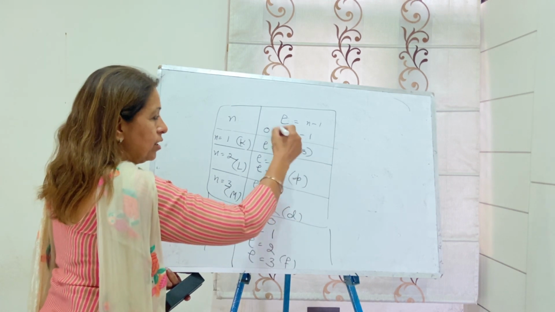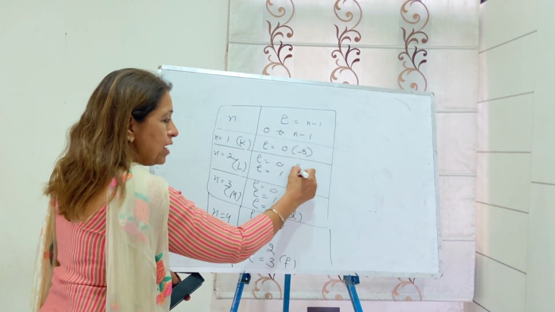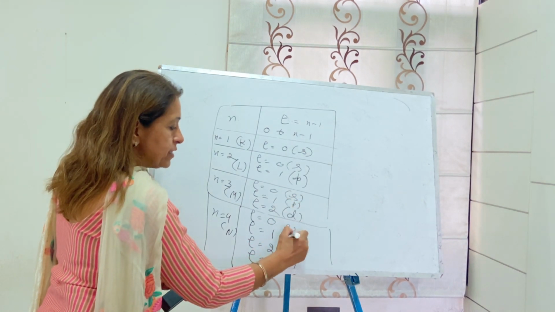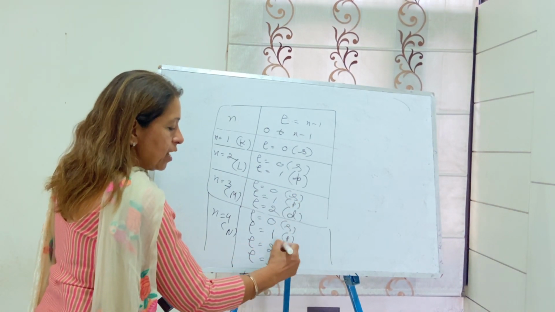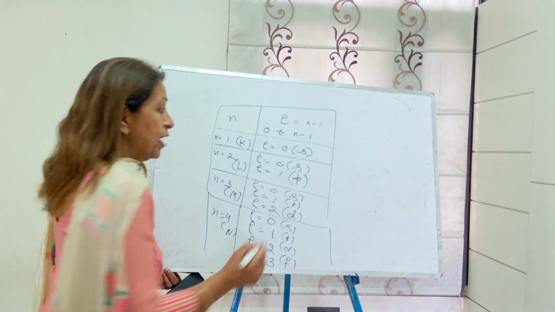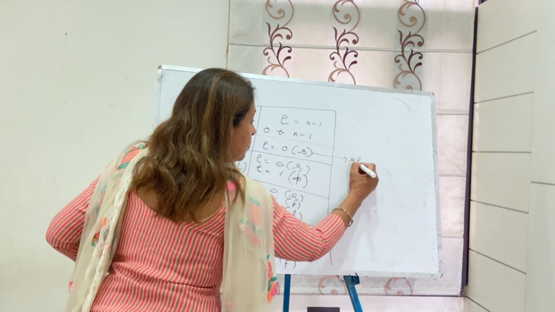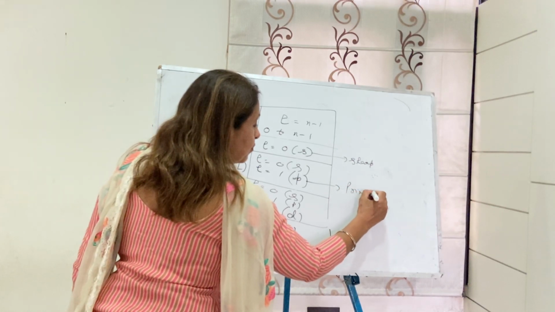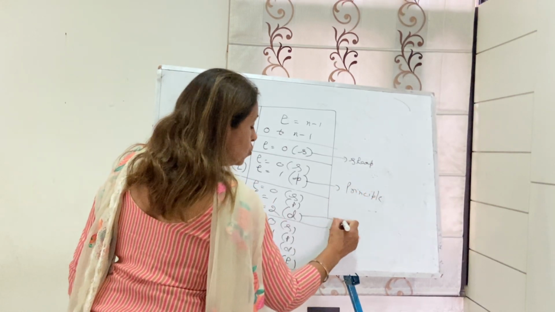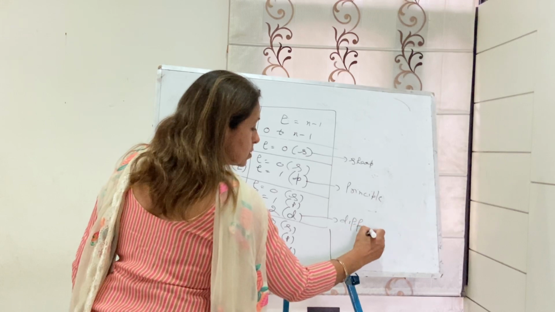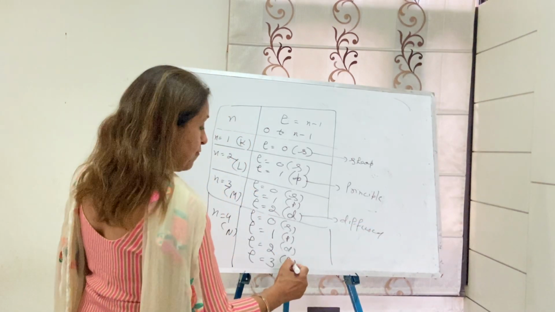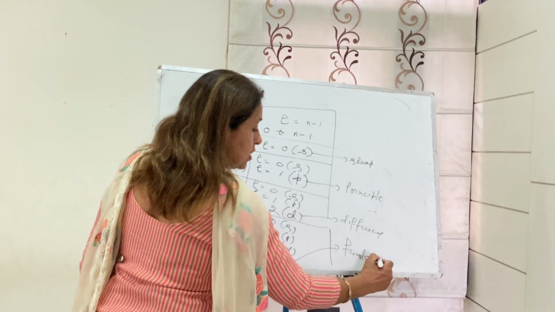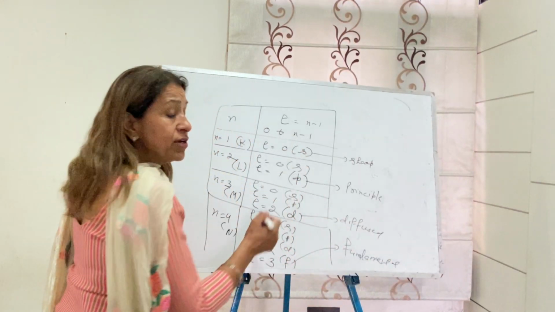So it is your s, p, d and f. S for sharp, p for principal, d for diffused, and f for fundamental. These are the spectral terms, and these are the abbreviations taken from them.